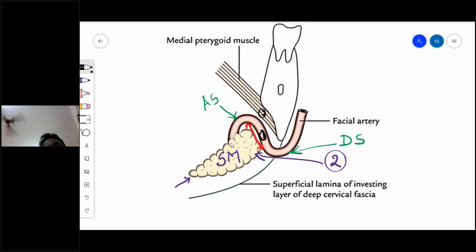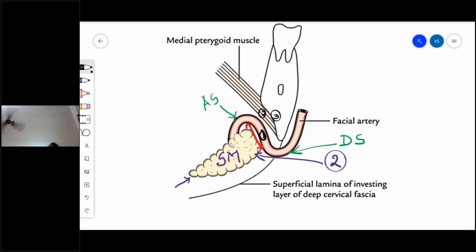What is that muscle? Medial pterygoid muscle, number two. And number three, there is a fossa of the mandible. What is that fossa? Submandibular fossa. A submandibular gland is present in that fossa. So these three are relations of lateral surface.